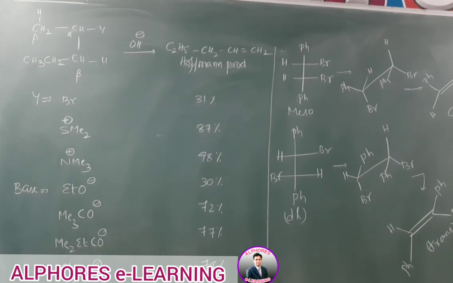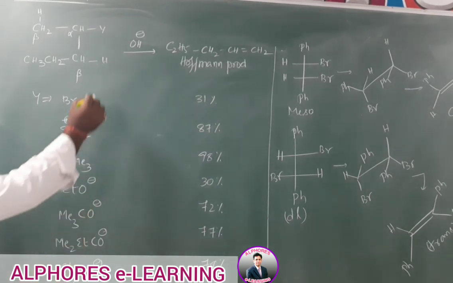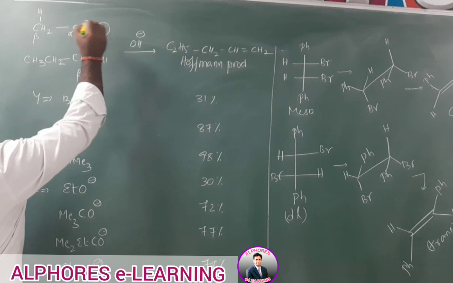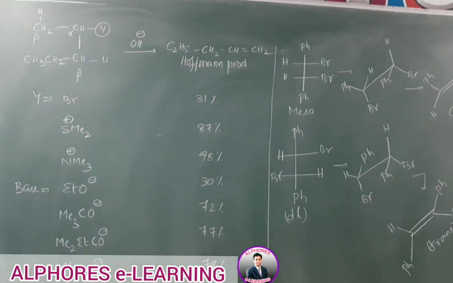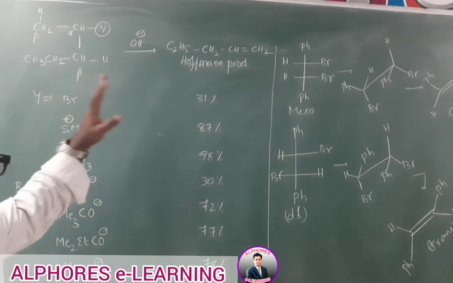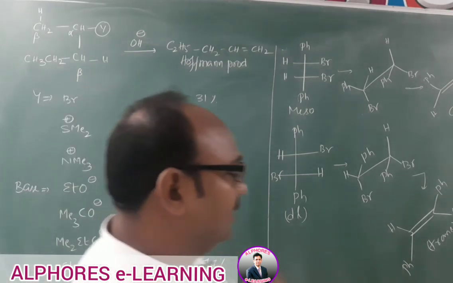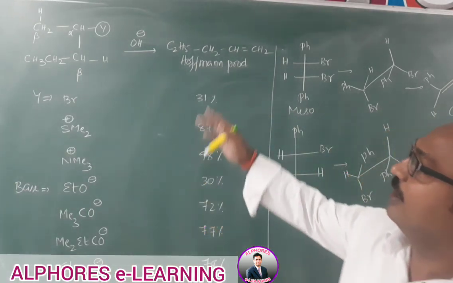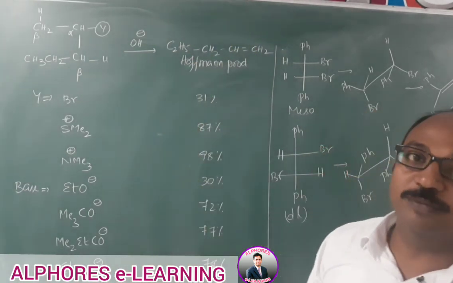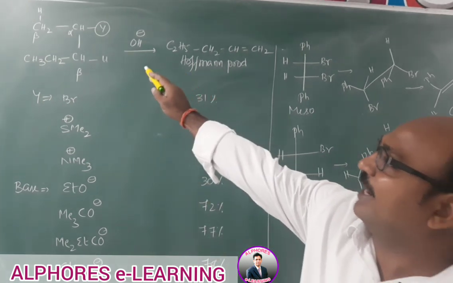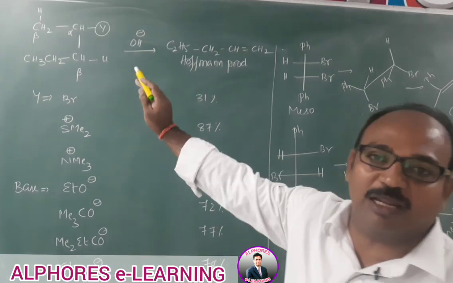Let us consider one example here. Y is a leaving group. In general, if we consider a poor leaving group and if we consider a good leaving group, in both cases what percentage of variation can we notice in the Hofmann elimination product? Let us see. I am going to consider Y as a leaving group, and with respect to the Y-containing carbon, there are two beta carbon atoms.